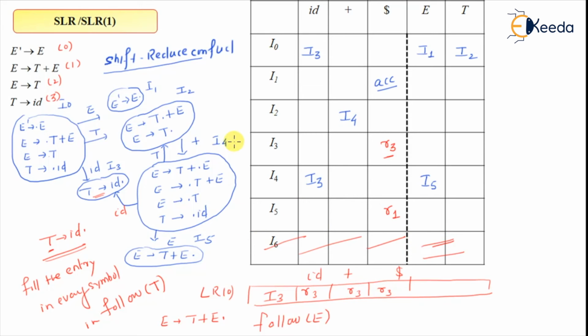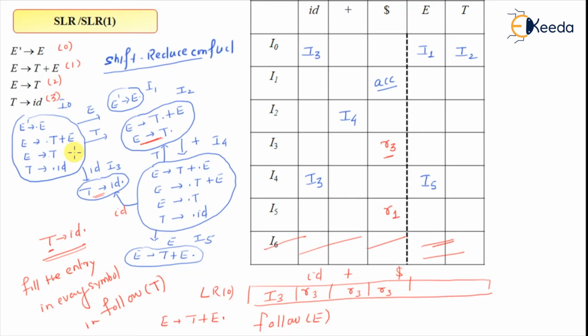Now E derives T dot was the conflicting part. Where should I fill this entry? Follow of E. Okay, T derives ID dot, there is one mistake.